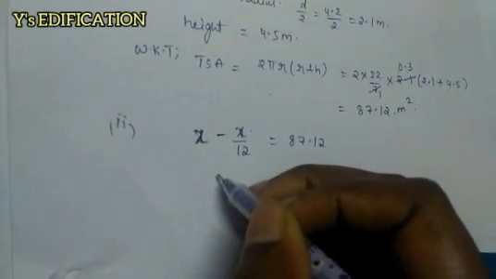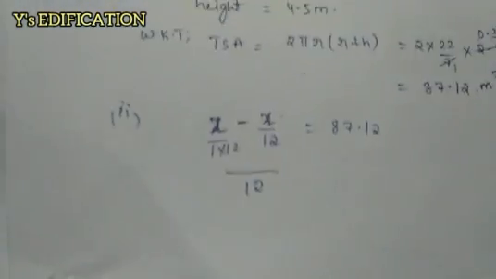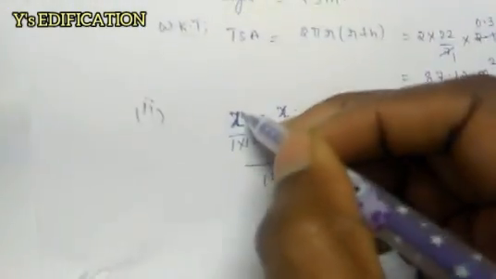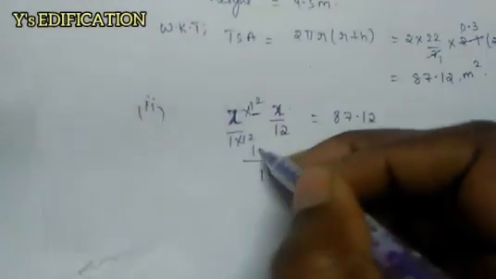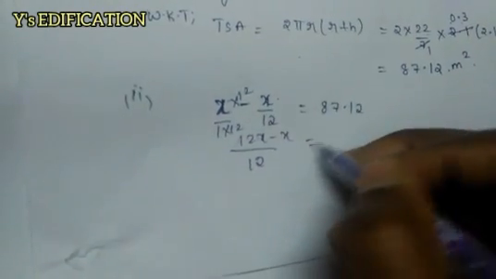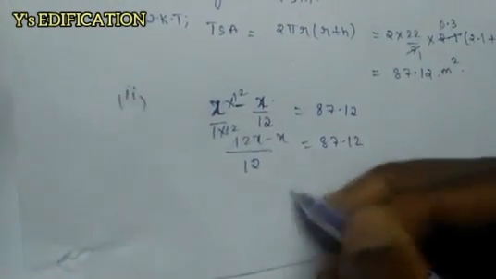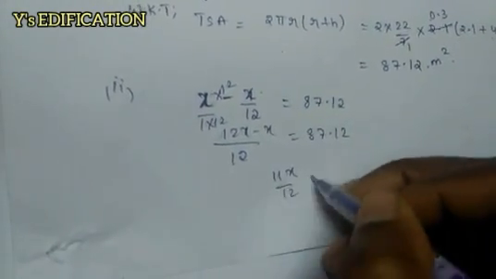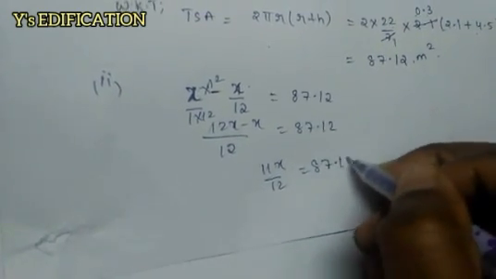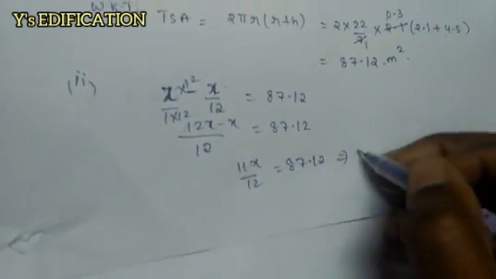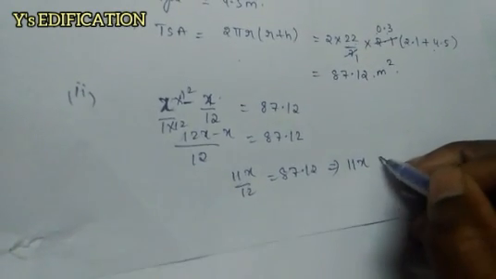So take LCM here. Multiplying by 12, that is 12x minus x is equal to 87.12. That means 11x by 12 is equal to 87.12. So 11th part is used.